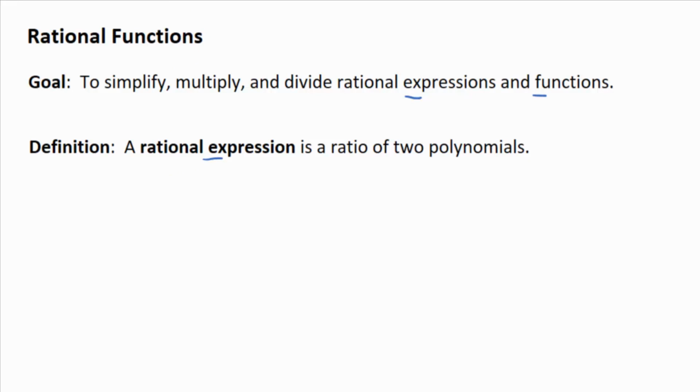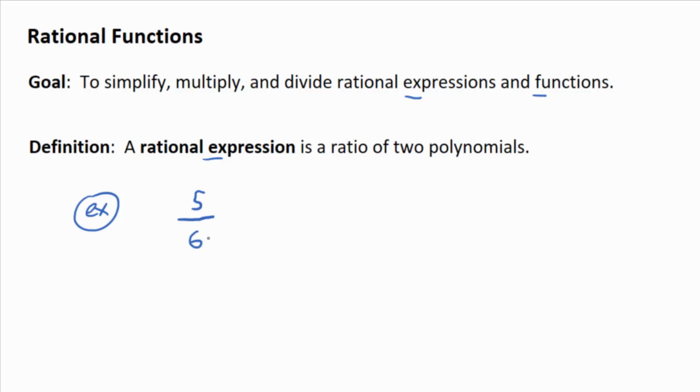So let me give you a quick example or two. If you took just a regular fraction, technically, 5 is a polynomial. A constant is considered a polynomial. It's a really boring one, but it's considered a polynomial. 6 is considered a polynomial.